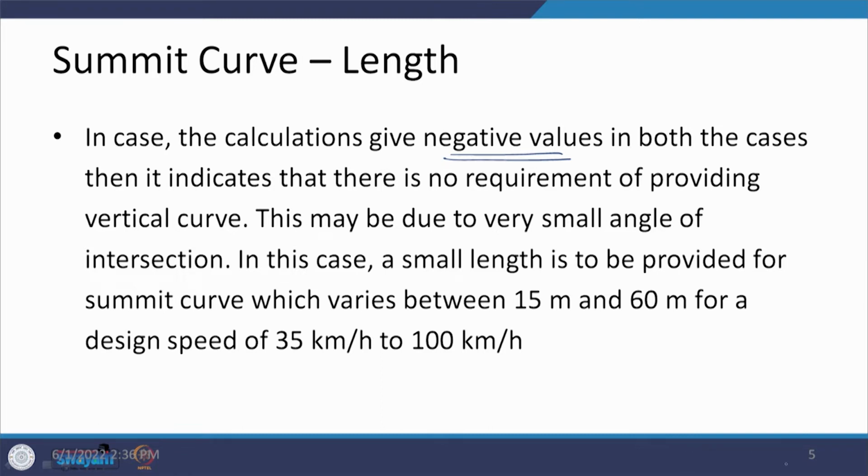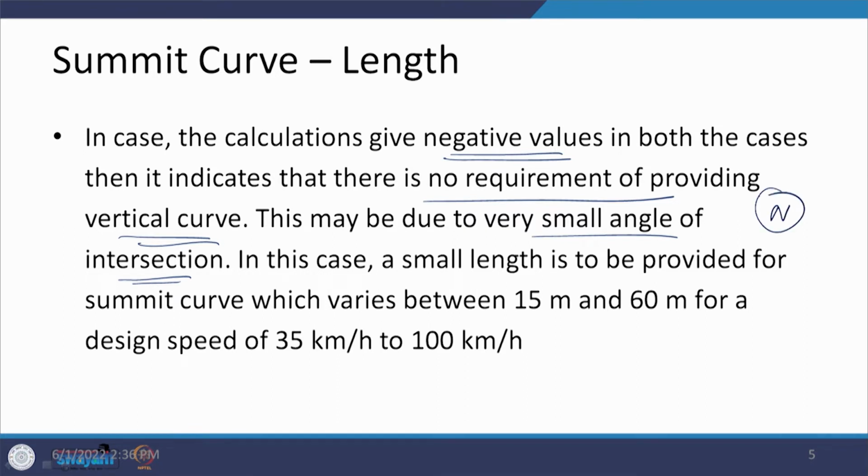What this signifies is that there is no requirement of providing the vertical curve. If both of the conditions are not satisfied, this may be the reason, and it comes from the angle of intersection, where you are considering the value of N.